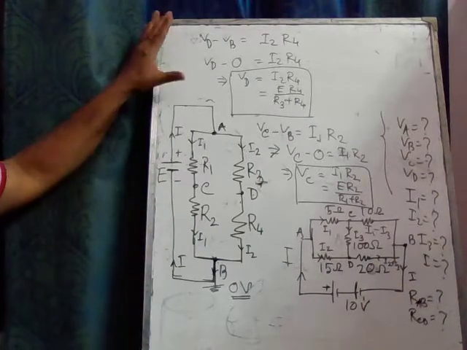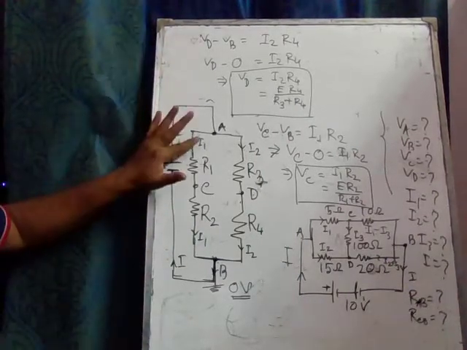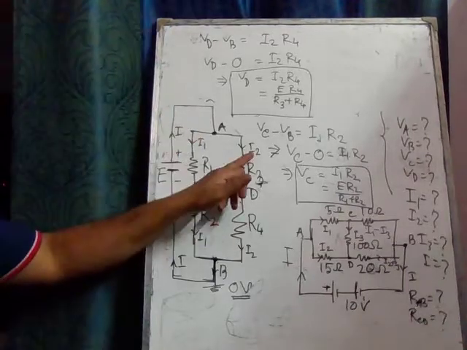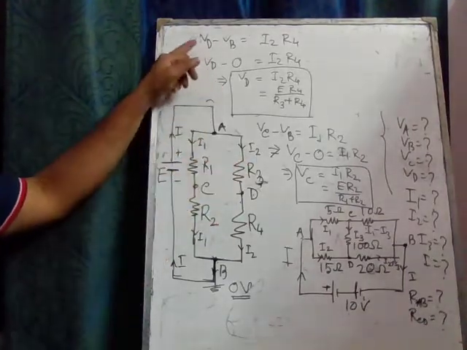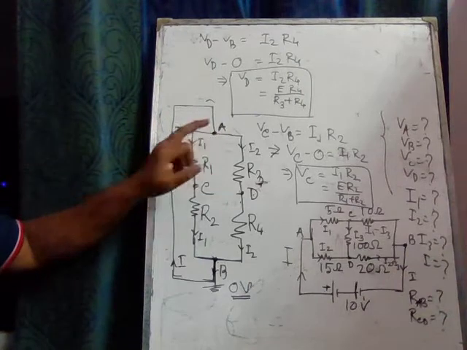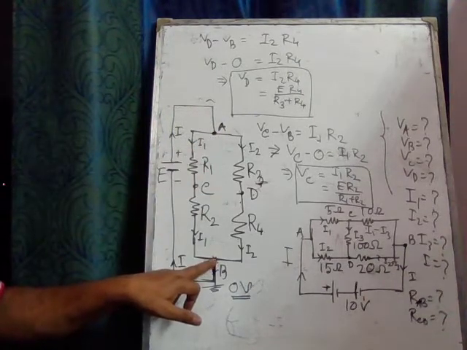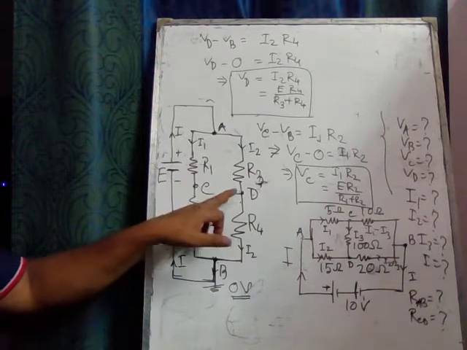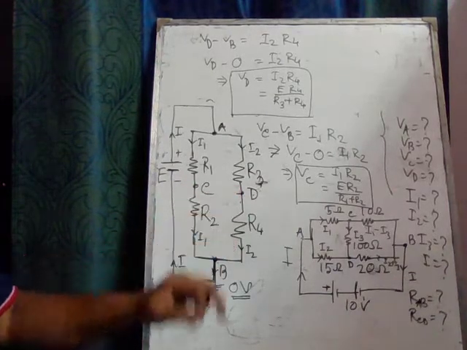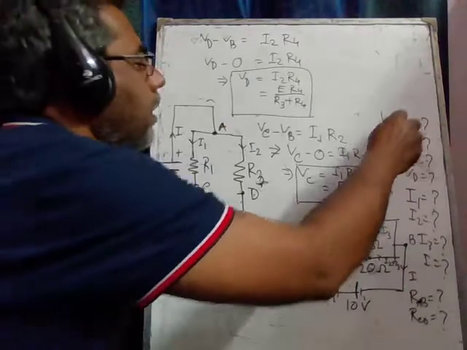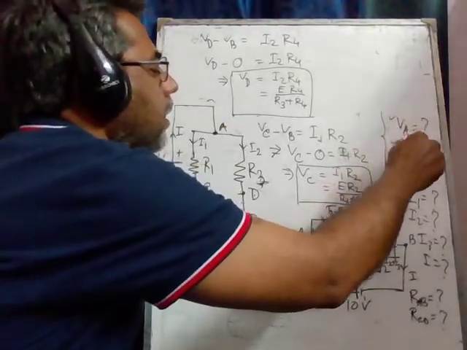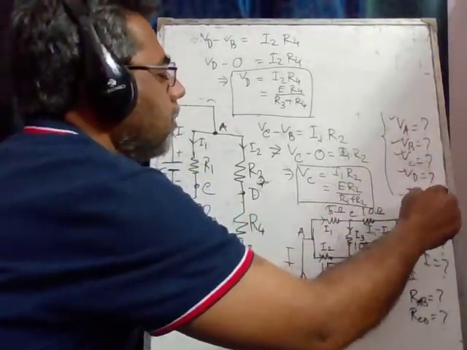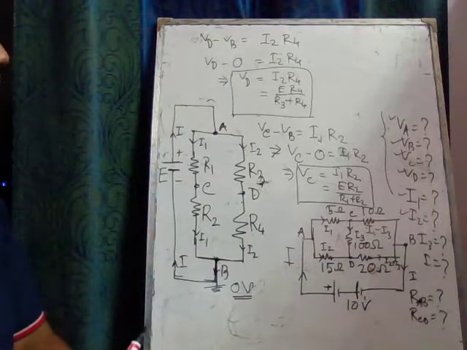So we have found the current I1, the current I2, the voltages VA and VB, and the potentials at C and D. So these parts are solved. This one, this one, this one, this one is done. Clear?